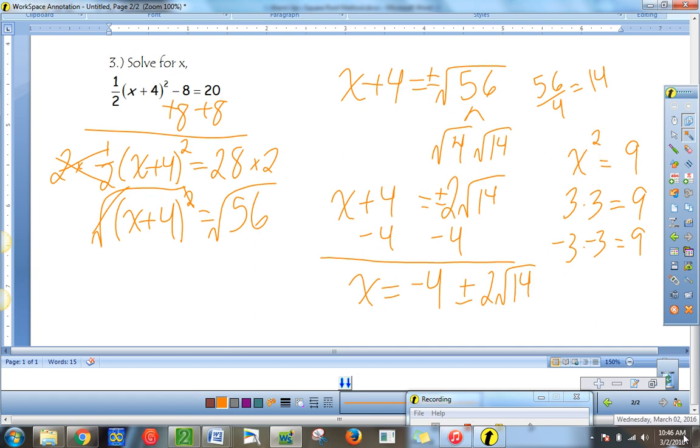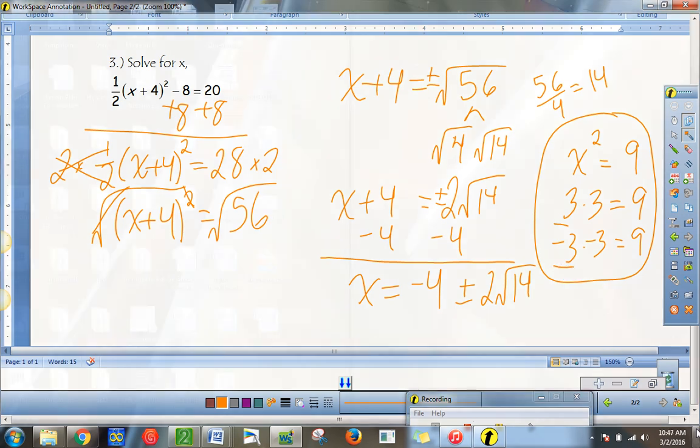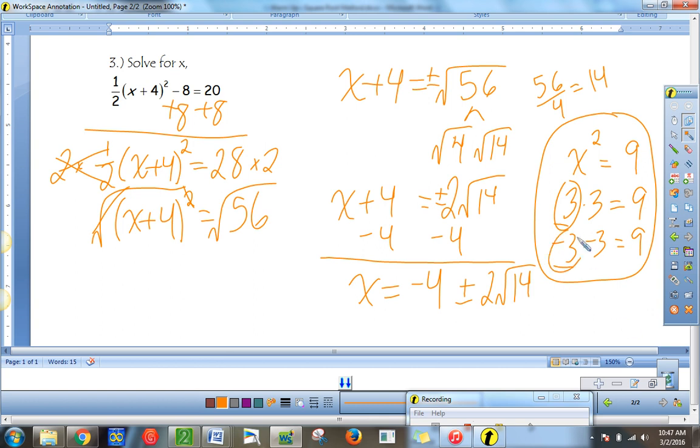They love asking questions like this on college placement tests, and they'll give you 3 as an answer, -3 as an answer, and one that has both. They're trying to see if you know that property, because some people just rush and say square root of 9 is 3 and move on. But this is also a possibility. Does that make sense? How are we feeling about the square root method?